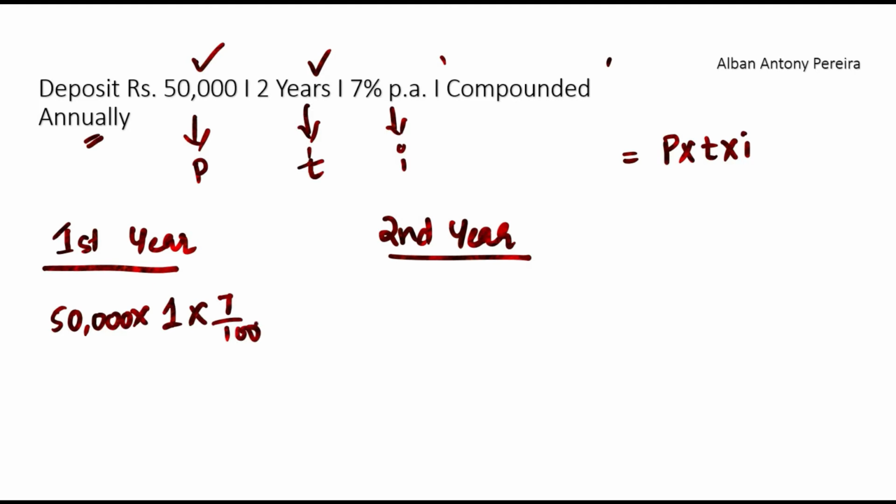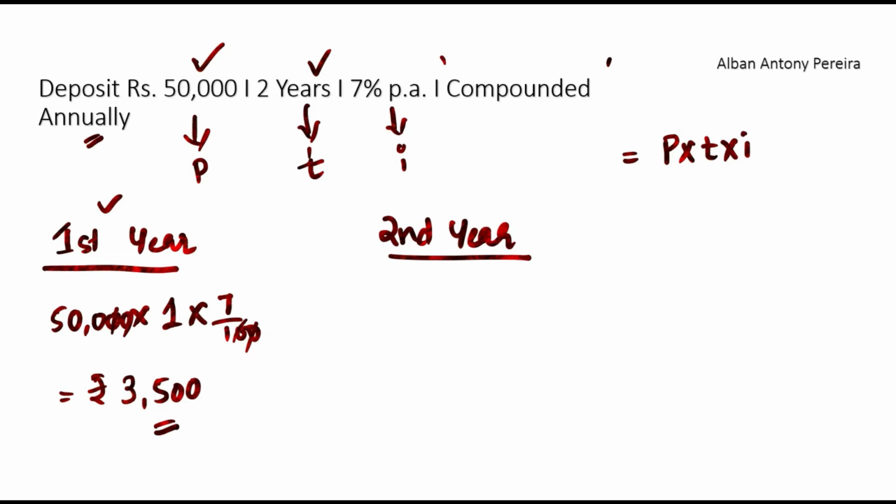Okay, so we'll cancel these two zeros, and 500 multiplied with 1 becomes 500 multiplied with 7, and the answer we get is rupees 3500. So this particular interest is relating to the first year only. Fine. Now what happens to the base principal amount for the second year?